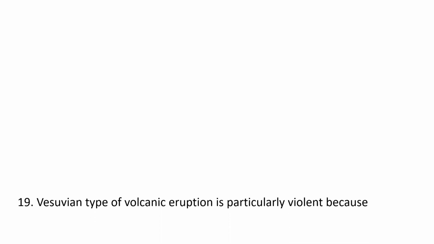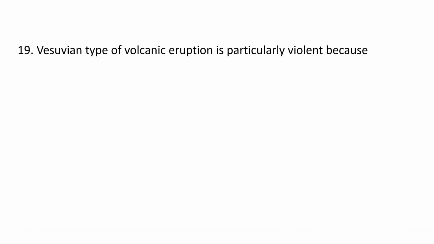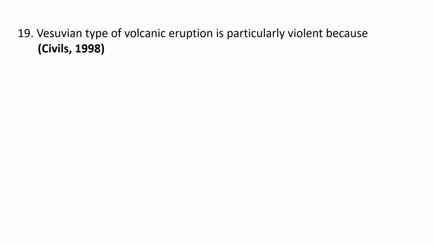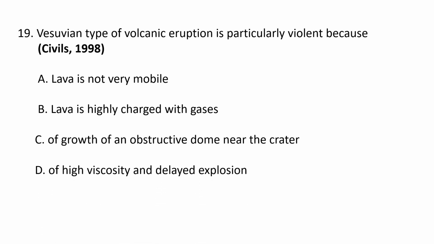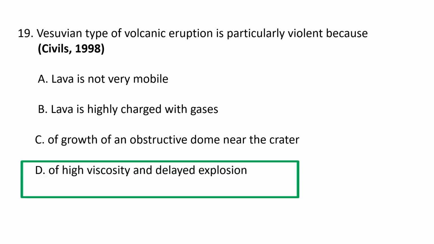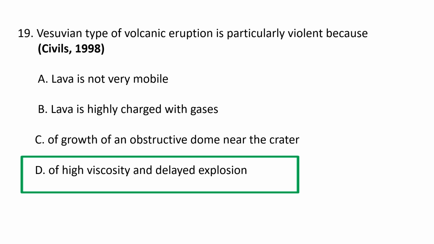Next question. Vesuvian type of volcanic eruption is particularly violent because A. Lava is not very mobile, B. Lava is highly charged with gases, C. Of growth of an obstructive dome near the crater, and D. Of high viscosity and delayed explosion.